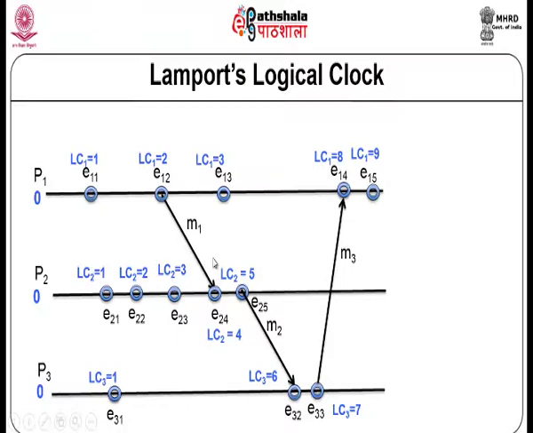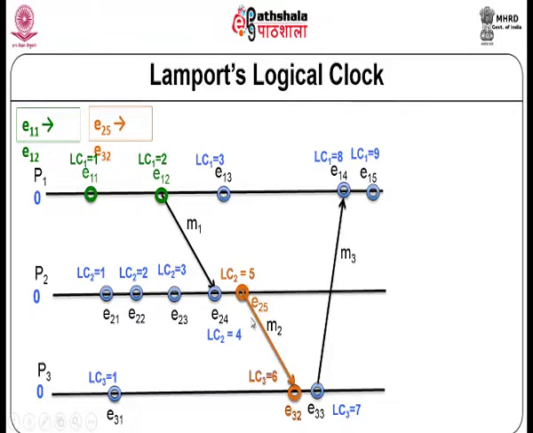So, if we look at these events, we see that we can have a happen before relationship among these events. For example, E11 and E12 are two events which happened before. We can clearly say that LC1 is less than LC2, and therefore, E11 happened before E12.